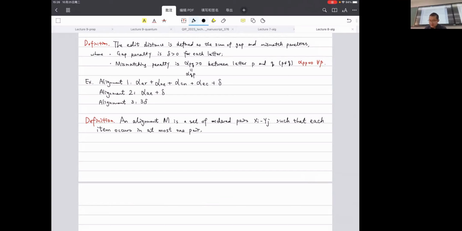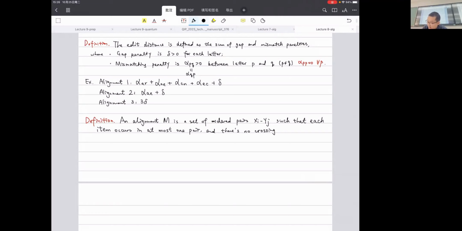We have a sequential string here, and each item occurs in at most one of these pairs. And very importantly, there is no crossing. Because it is sequential, we cannot switch the orders here.